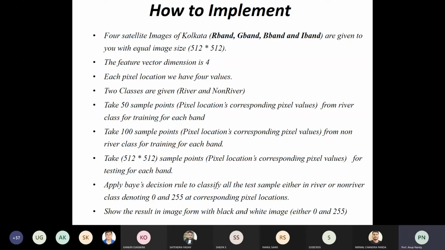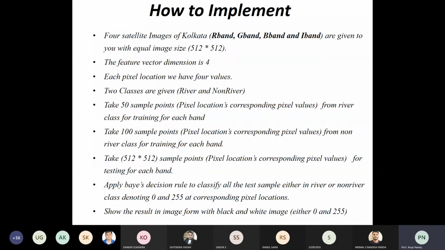Whenever you apply it on the test data set, if any pixel intensity value belongs to the river class, then it is marked as 0. If it is in the non-river class, then it is 255. So 0 means completely black.